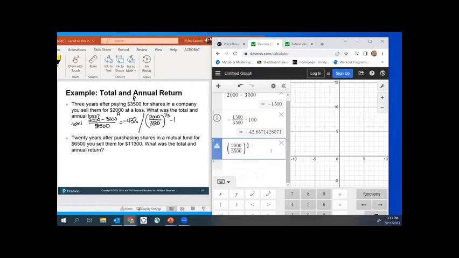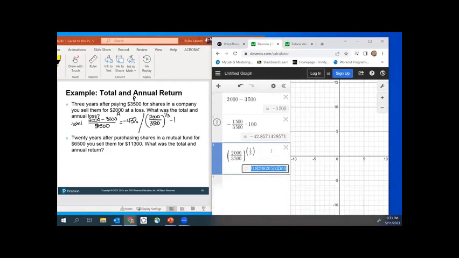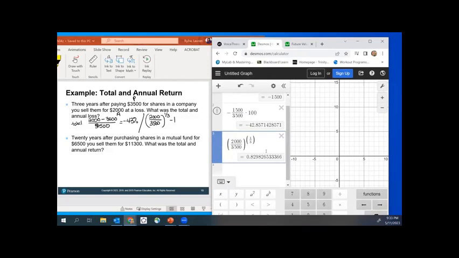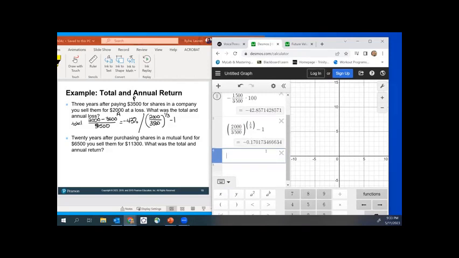And raise that to the 1 over 3 power. I'm going to put it in parentheses just so that it is all together. Minus 1. And then I'm going to take that value and I want to take it times 100.